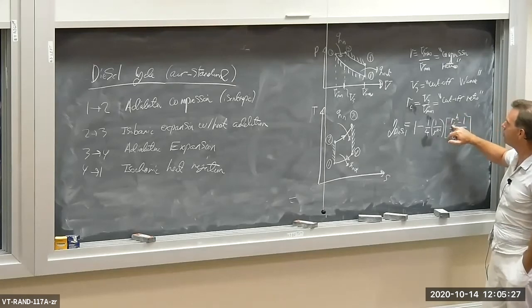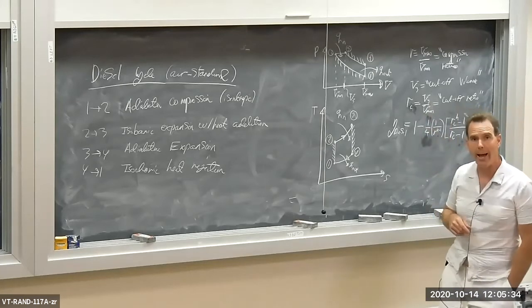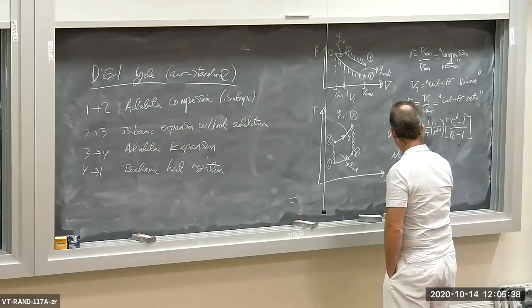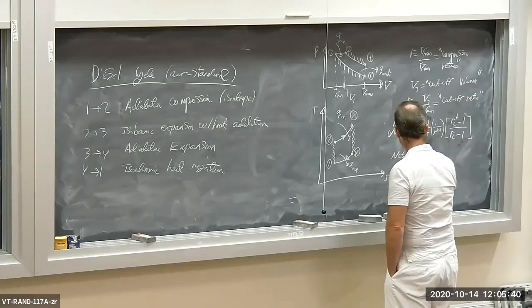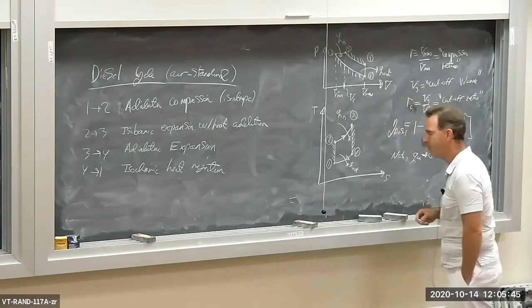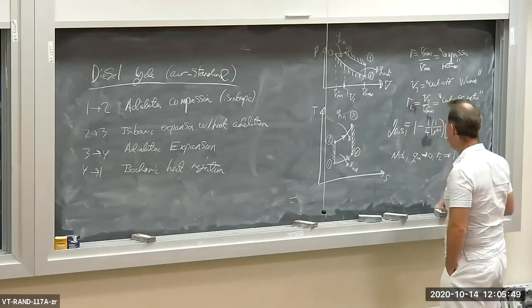So as R sub C goes to 1, in other words, V3 goes to Vmin, in other words, we don't add a lot of heat. So note, as Q in goes to 0, R sub C goes to 1.